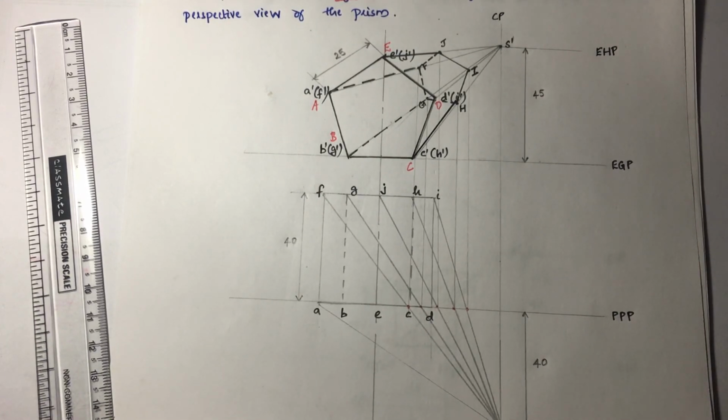Remember why you have drawn the front view first and why you have drawn the top view second. Okay, so identify the technique involved within this problem and study the method involved in drawing the perspective view of the prism. Thank you.